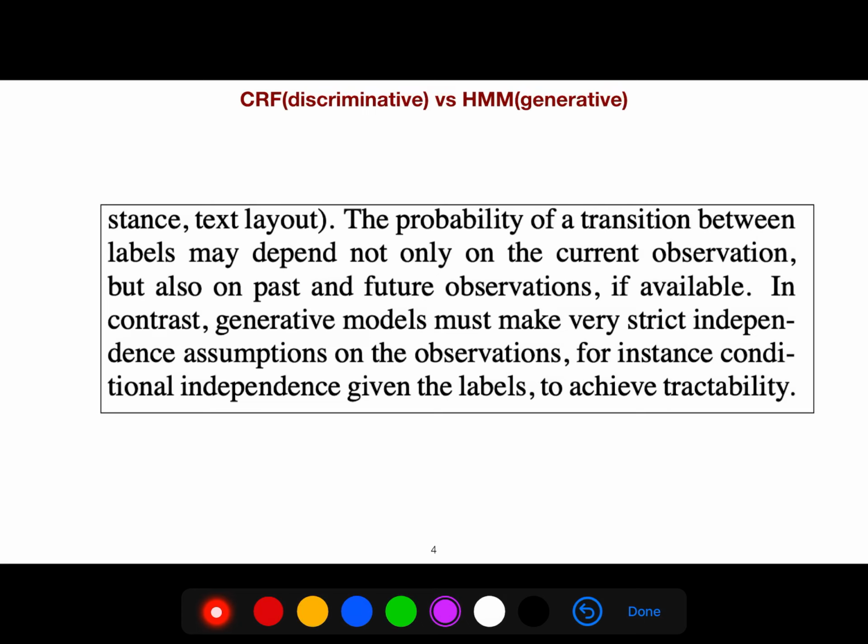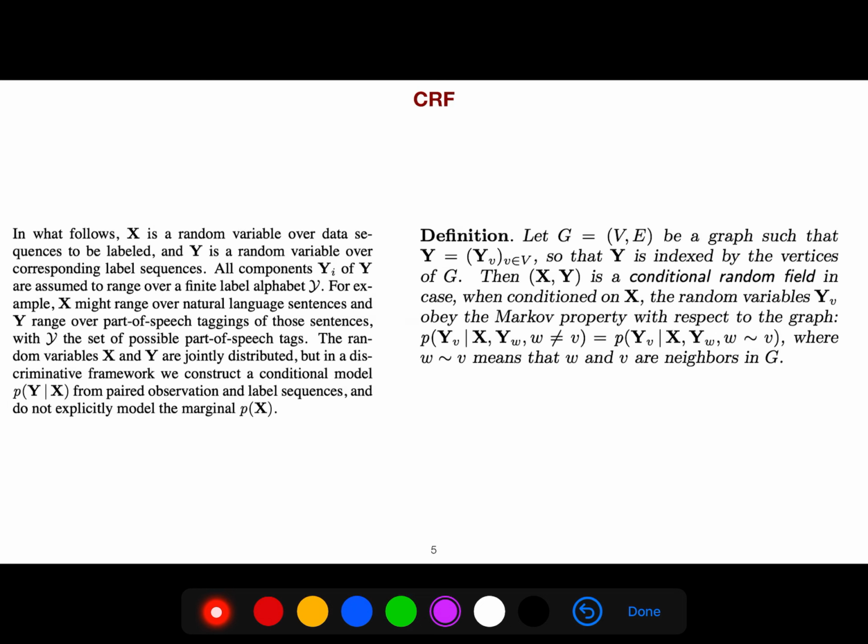In contrast, generative models like HMM must make strict independence assumptions on the observations, for instance, conditional independence given the labels, to achieve tractability. So this is the definition.